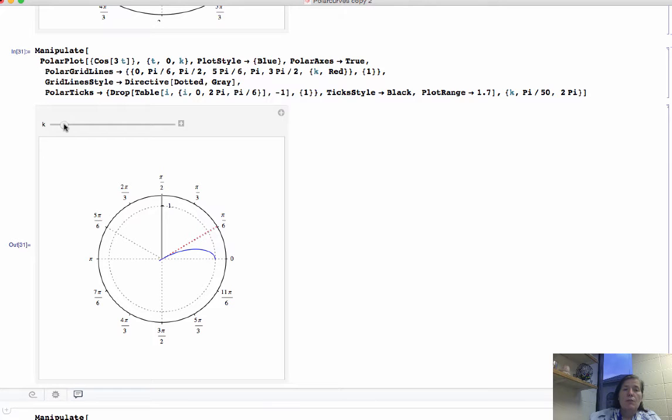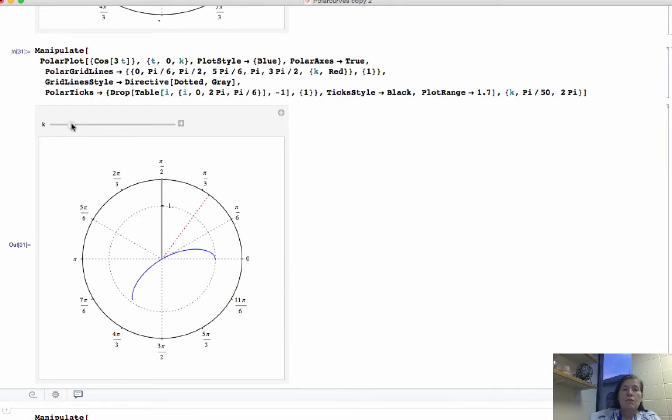So remember, the graph of r equals cosine 4 theta had 8 petals, but the graph of r equals cosine 3 theta has some periodicity here, and it only has 3 petals. So the graph of r equals cosine n theta when n is odd only has n petals, whereas the graph of r equals cosine n theta where n is even has 2n petals.